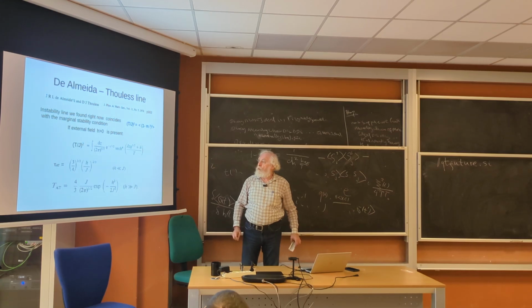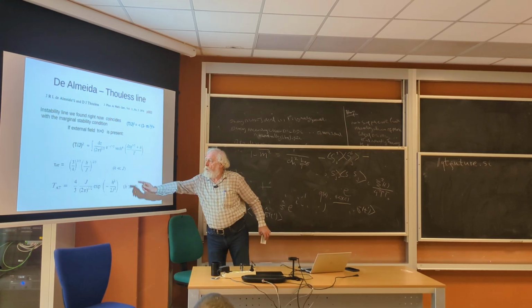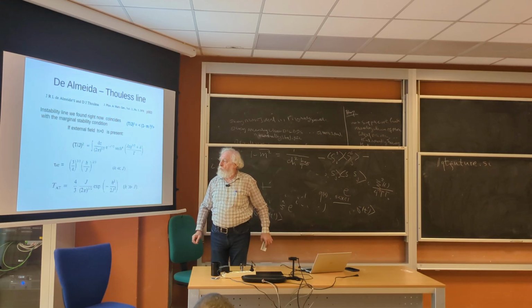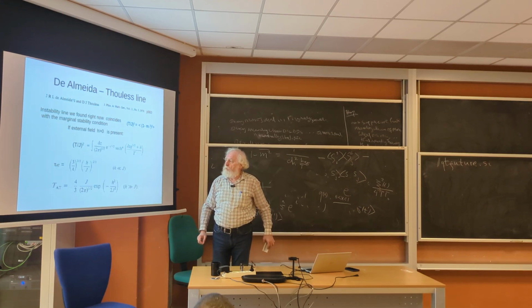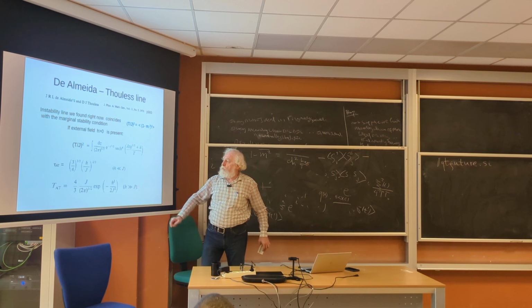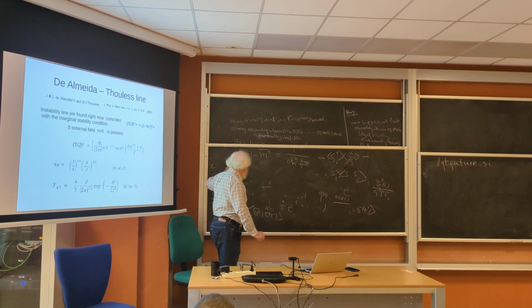Then the result is that if the external field is weak, like this, the temperature at which this condition is violated is given by this formula. Let me draw it here.